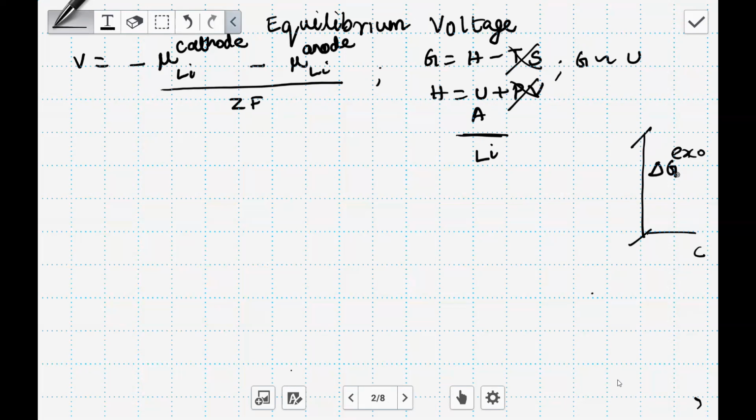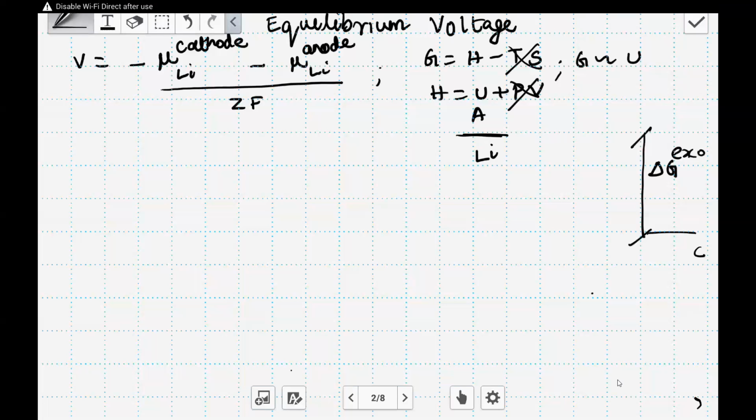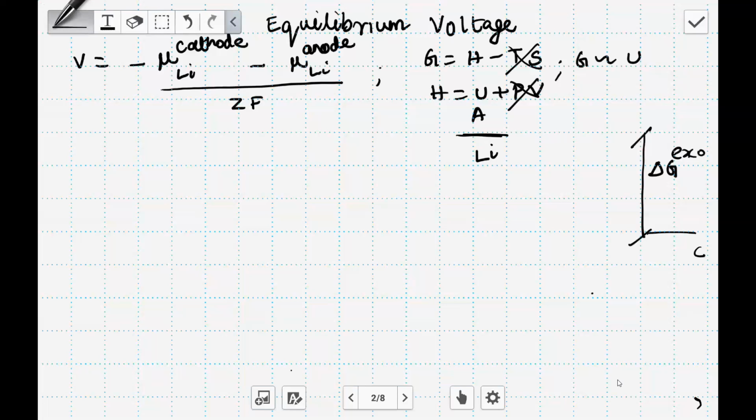This delta G is a function of the concentration of lithium at the anode and at the cathode. As the battery gets discharged, the concentration of lithium at the anode decreases, and the concentration of lithium at the cathode increases. So this V we are calculating is concentration dependent.